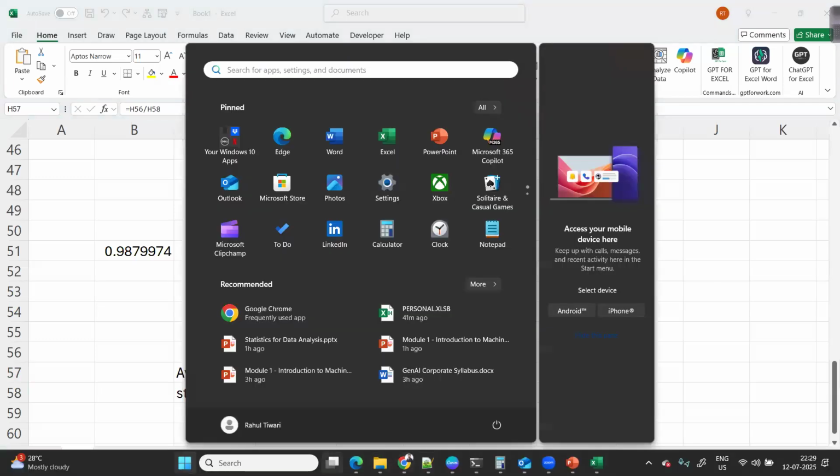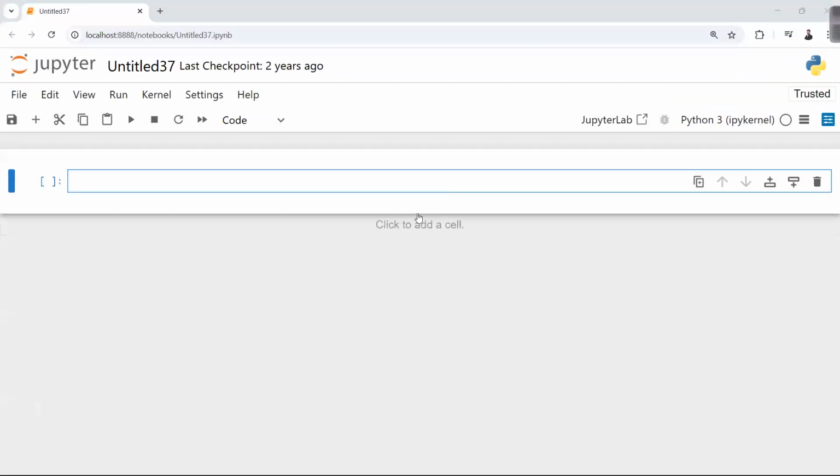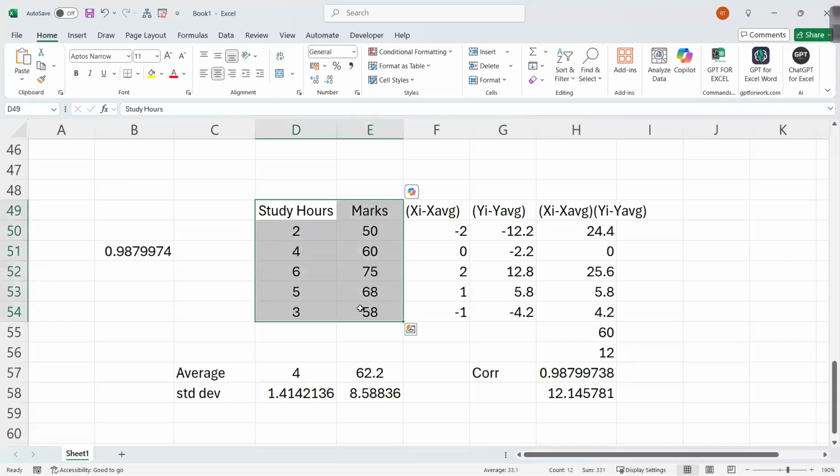If I go back to Python, let's open a Python instance. Let me take this data set, whatever data we got here. Okay, this is my data.